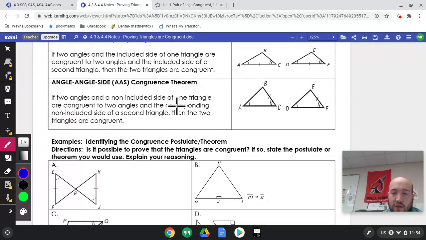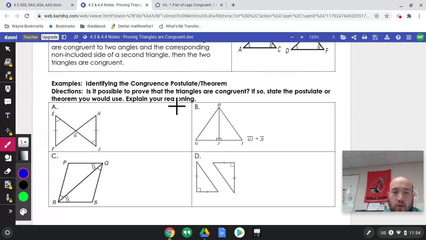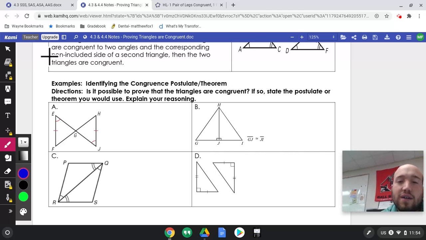Now, once again, we need to decide why are these triangles congruent. So our 5 different reasons, and I'll write them out here. You probably want to write these 5 down in a list. We have SSS for side, side, side. We have SAS for side, angle, side. We have ASA for angle, side, angle.